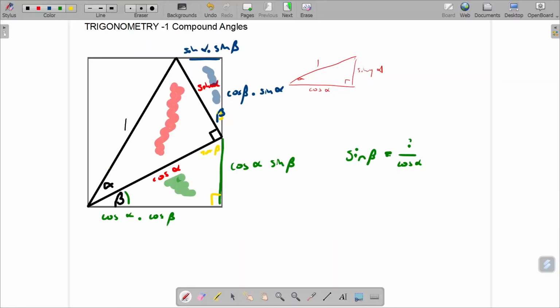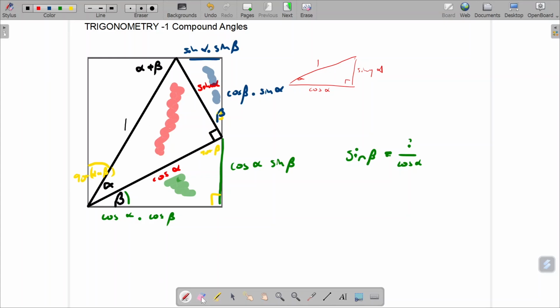And if we look at the one that is left behind and play around a little bit, we're going to see that this angle here is going to equal 90 minus alpha plus beta. And as a result, this angle at the top here is going to equal alpha plus beta.